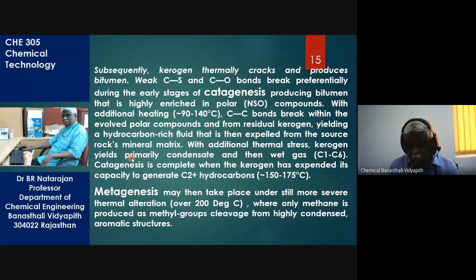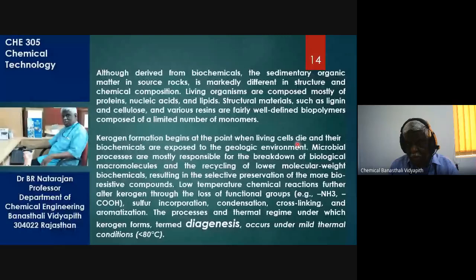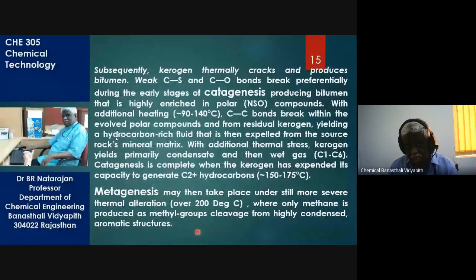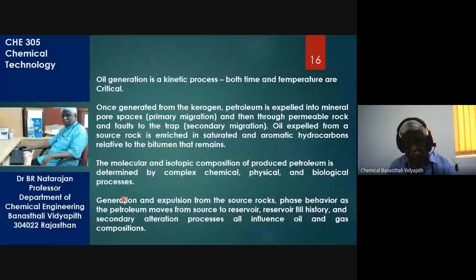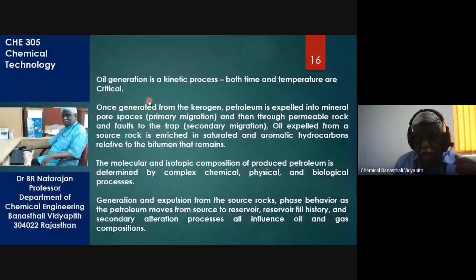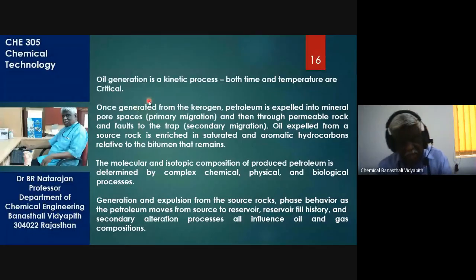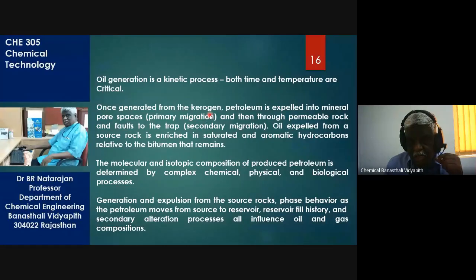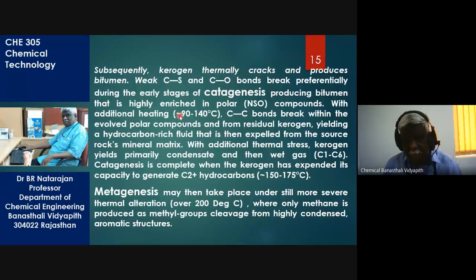So keep in mind the story from living cells, kerogen, diagenesis, catagenesis, and metagenesis. And oil generation is a kinetic process, right? Both time and temperature are critical. Once generated from the kerogen, petroleum is expelled. Remember, where is all this happening?